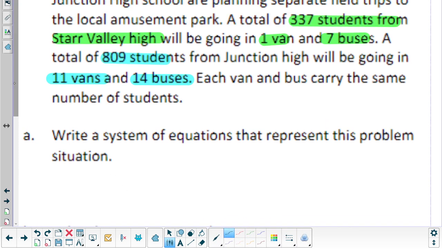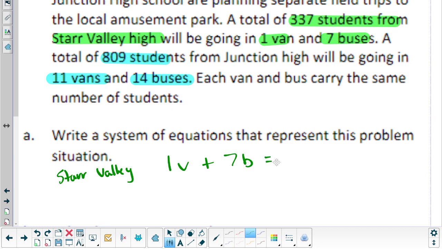Well, what I'm going to do is just take all of my information from the problem and turn it into an equation, okay? So when I look at my green, the Star Valley, I know that they're taking 1 van. I'm going to call that 1V, 1V for van. And plus means and. They're taking 7 buses, so B for buses, 7B.